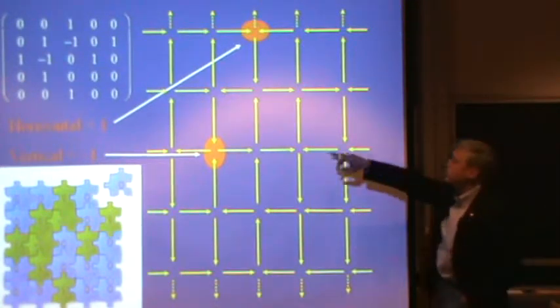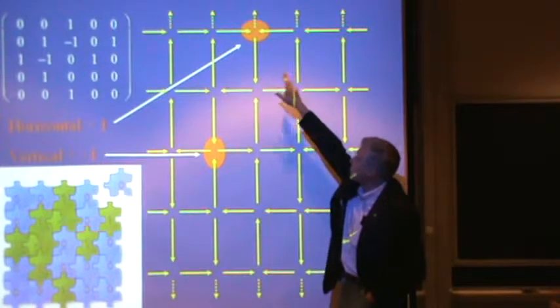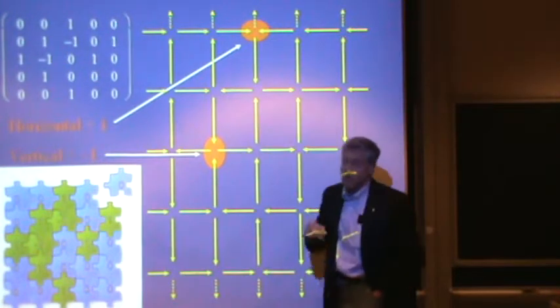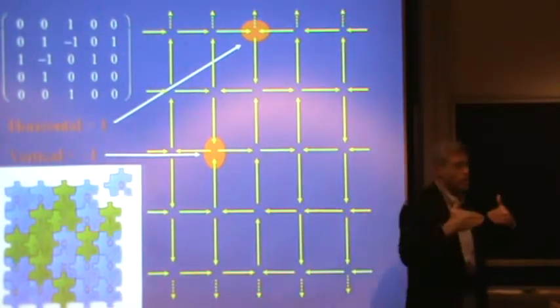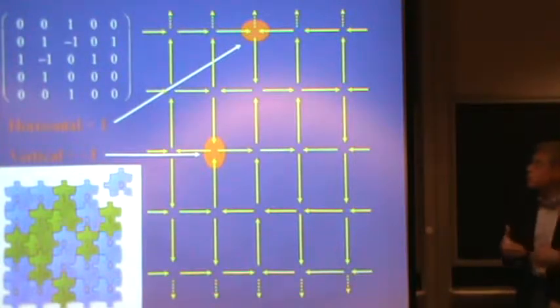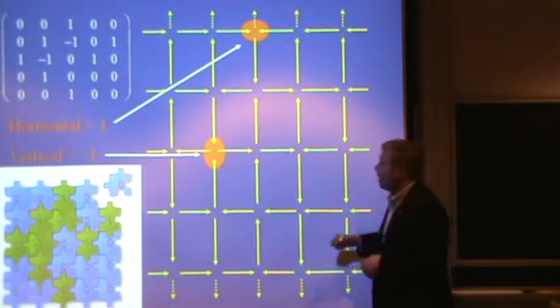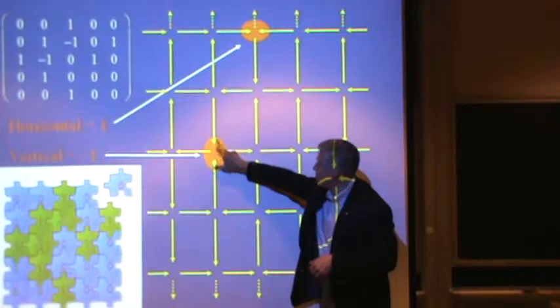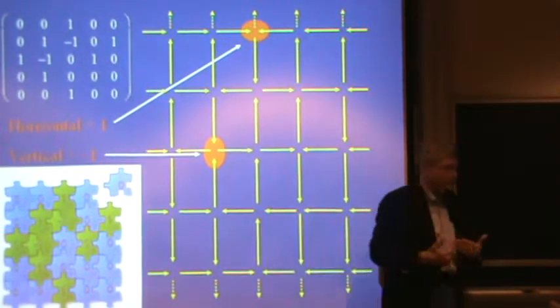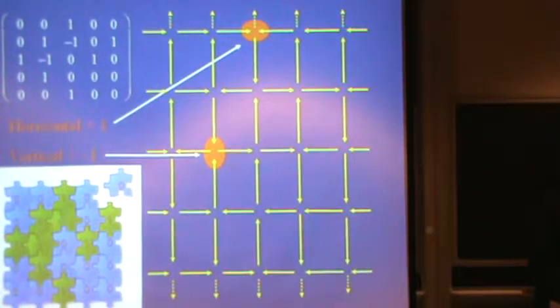So I'm going to call a vertex a horizontal vertex if I've got two in edges coming horizontally. That corresponds to my +1. I'll call it a vertical vertex if my in edges are coming vertically. That corresponds to a -1.